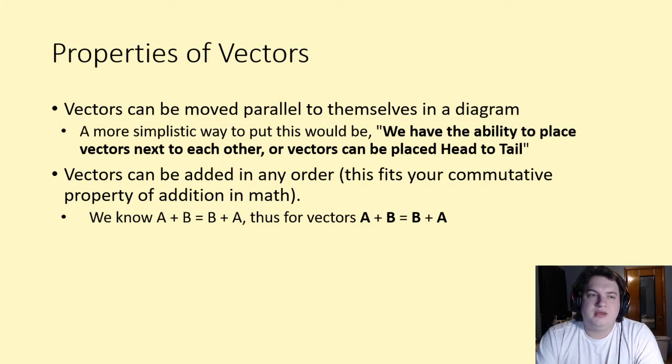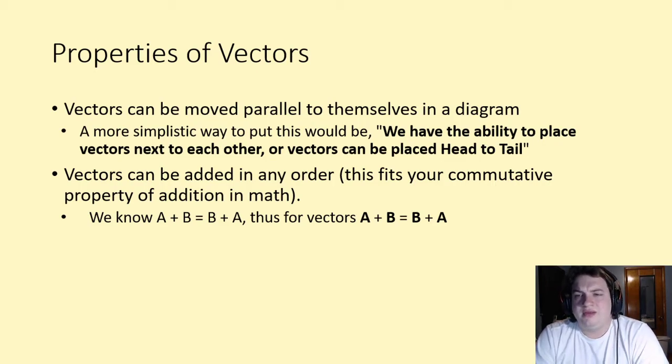As far as properties of vectors, there's a couple major properties that you need to know. Vectors can be moved parallel to themselves in the diagram. So I can pick up a vector and move it to a parallel position from the previous vector. In actuality, what we're doing is using the ability to place vectors next to each other, so vectors can be placed head to tail.